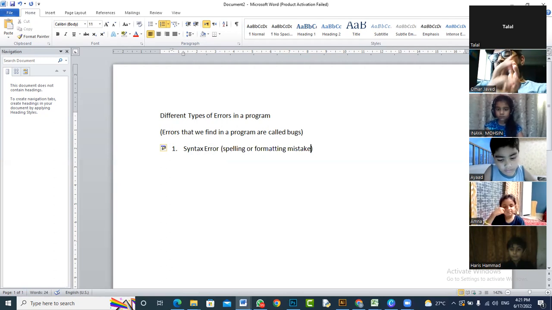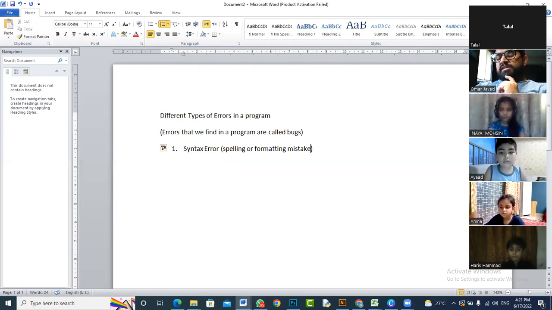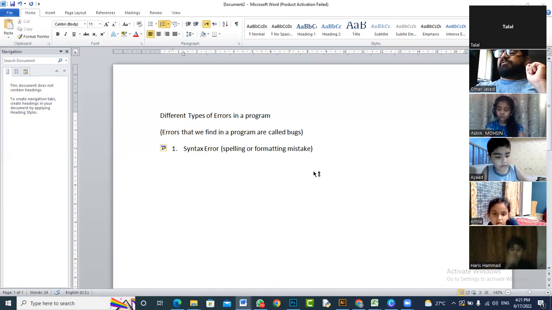Let's say print. We were doing that exercise the other day in which we were introducing ourselves and writing print. My name is this, my name is that. Let's say that while writing that we made a mistake, and instead of writing the word print, we wrote the word pint, P-I-N-T.